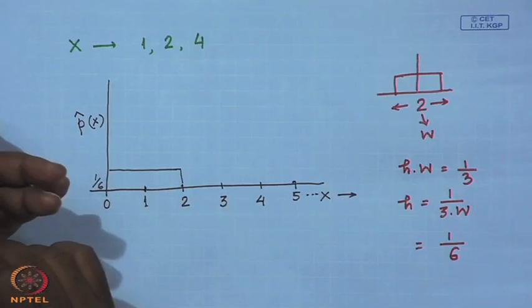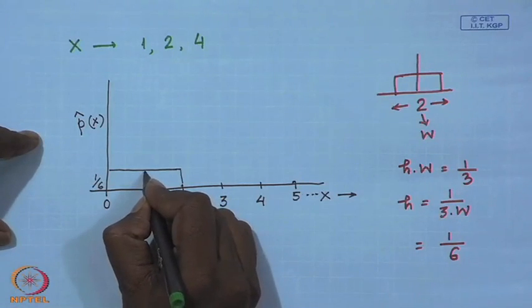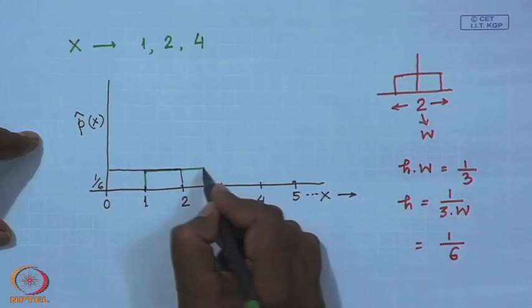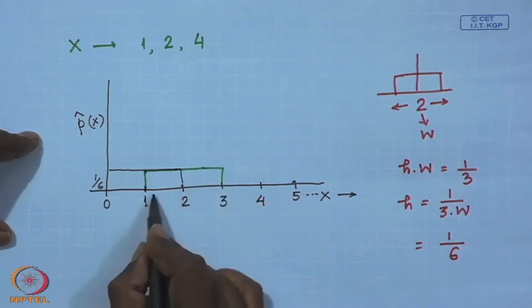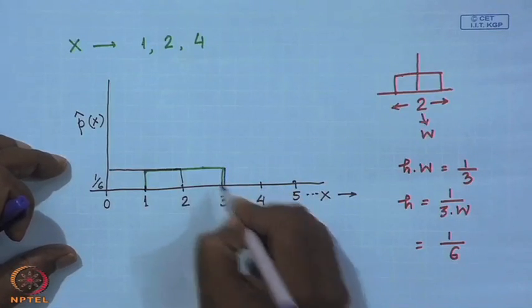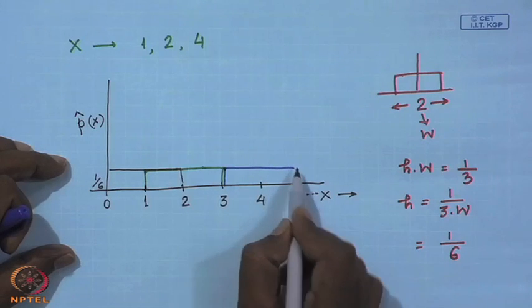That window, let me use different colors, will be this. Height remains the same, 1/6, and the window spans from 1 to 3, because the width of the window is 2. And the same window I also place at location 4. So, I will have a window something like this. It spans from 3 to 5.